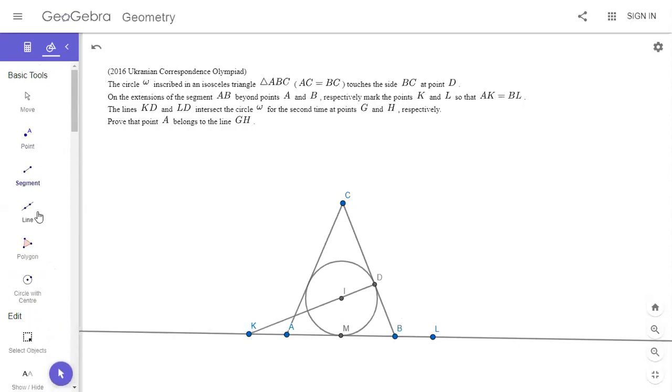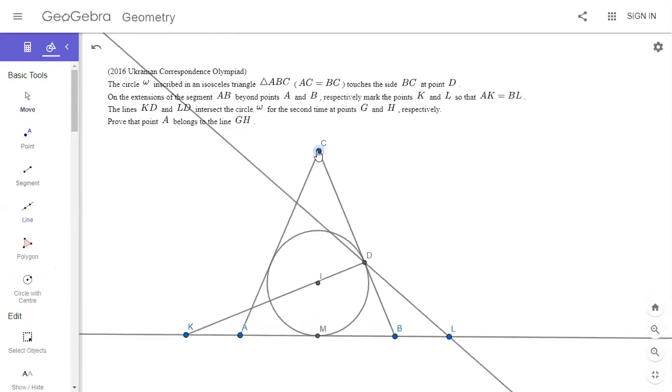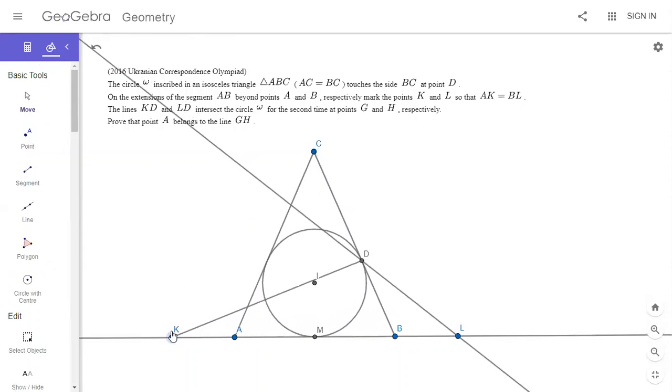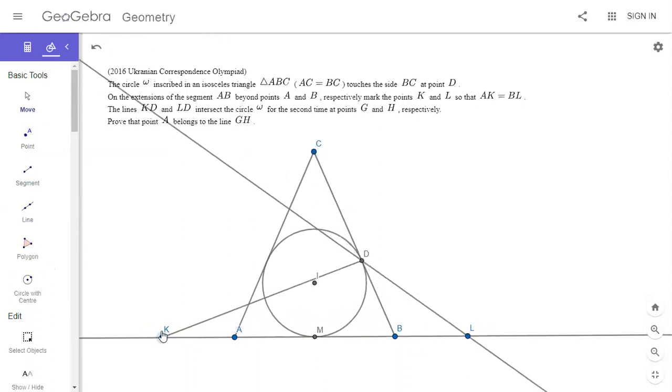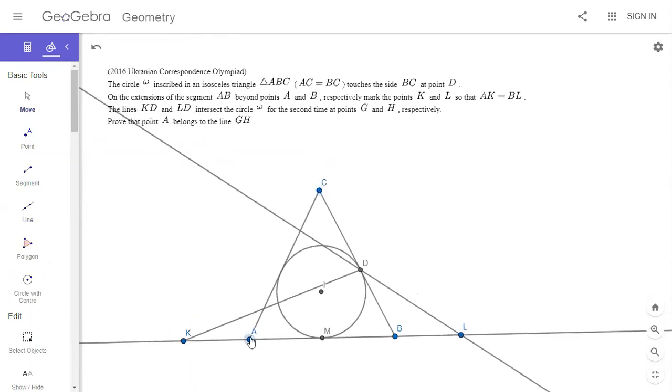That's kind of interesting. KD does not pass through I, so I'm going to want to make it not look that way. There we go.